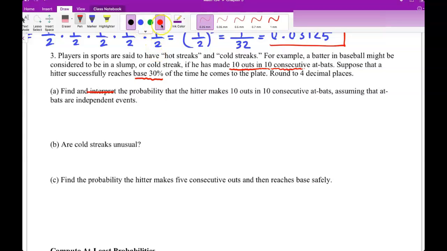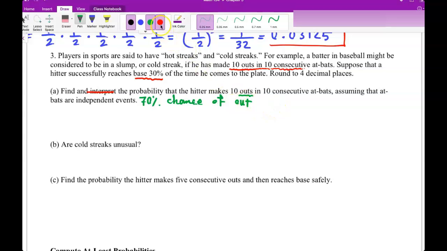Now what we have here is, since I have 30%, that is success. Here it's asking for failure, so we have outs, but successfully reaching base is 30%. What that means is for this part we have a 70% chance of out.